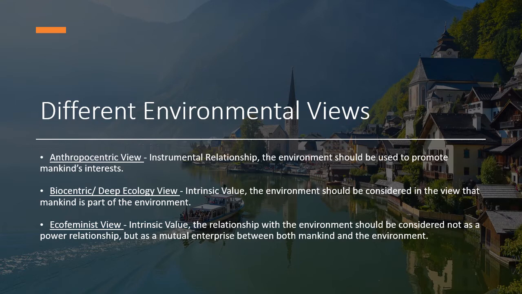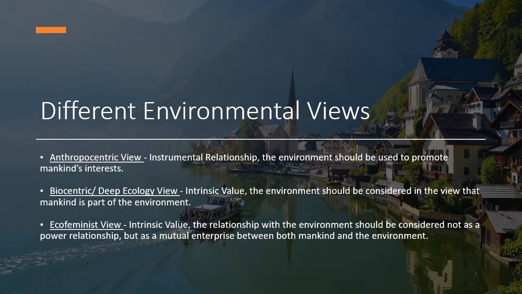It thinks that the environment is intrinsically valuable insofar as the environment is promoting and sustaining all of life. And human beings are a part of that environment. That's the kind of proper consideration that we should have.